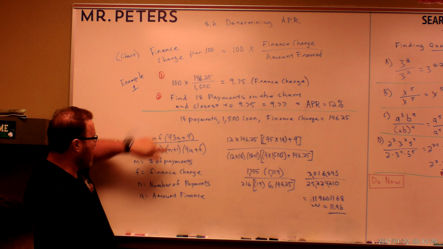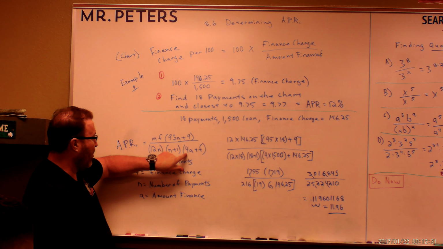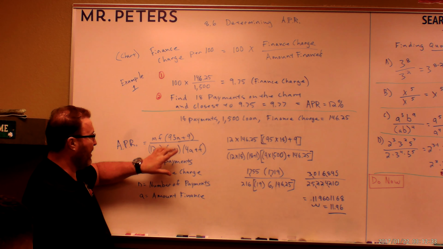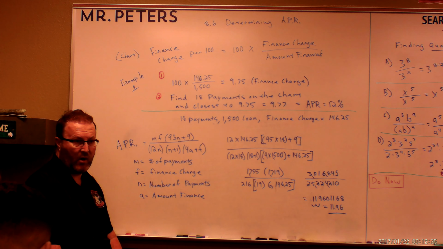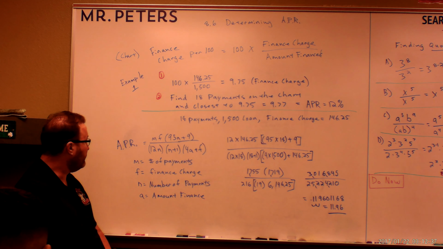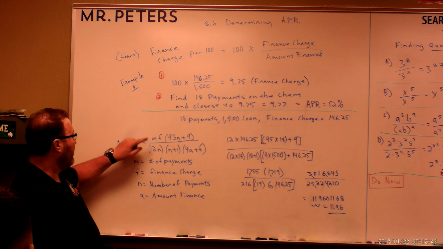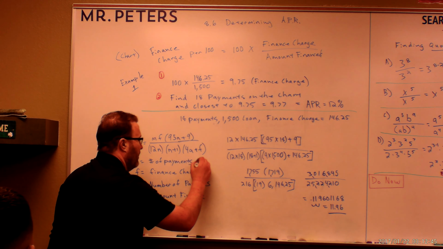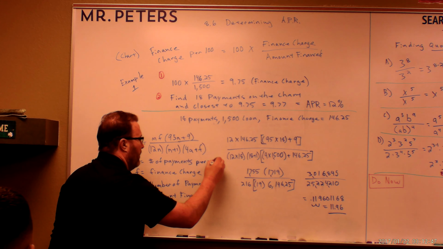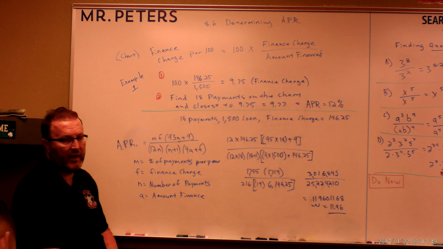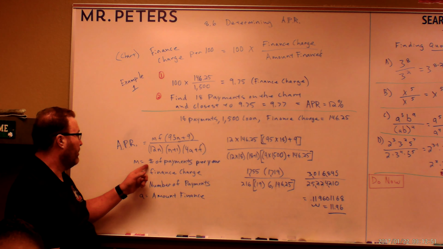Now I want to show you something. This 95, this 9, this 12, this 4, this 1 are never changing in the formula. They're always there. M and N, are they the same? No. M is per year. Now, you could have multiple.